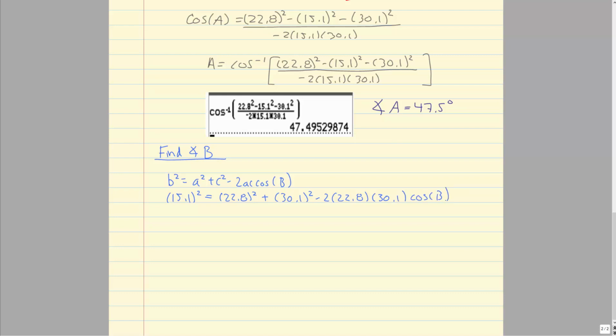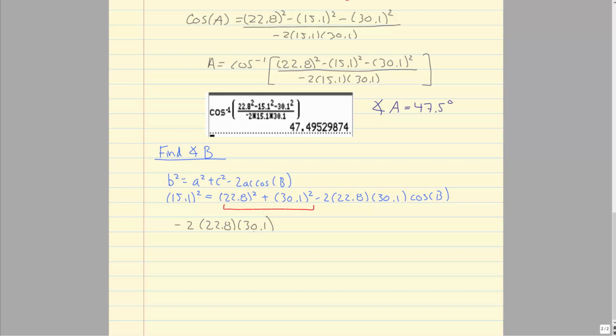And what I'm going to do is solve for cosine b, and then I'll solve for b by taking the inverse cosine of each side. So let's go ahead and look at this one, same as we did last time. What I'll do is subtract these two over to get started. So I'll end up with negative 2 times 22.8 times 30.1.